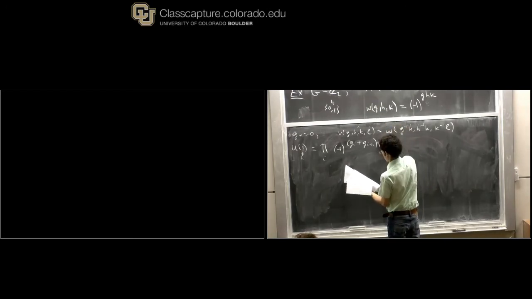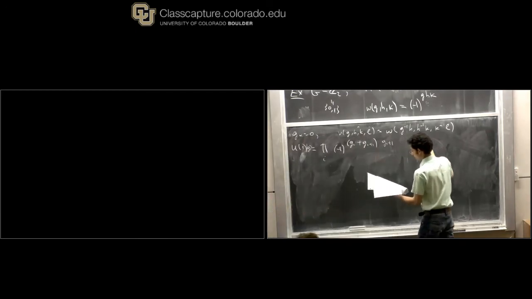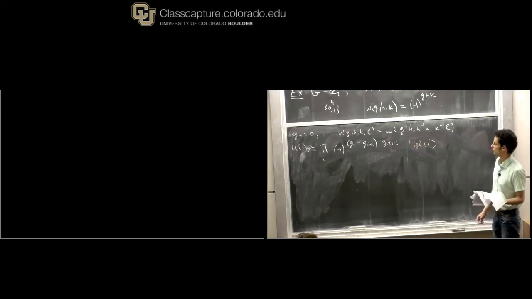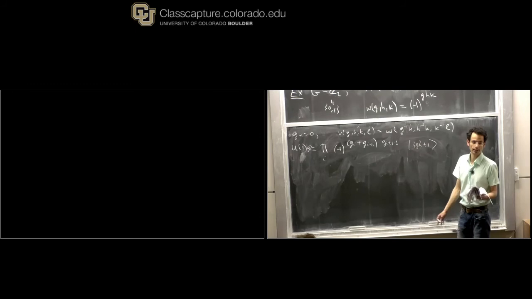And then here I have, times Gi plus 1 times... So this is the action on some G. It's going to be this times 1, and then here all G's get shifted by 1. Okay, so some weird factor like that.